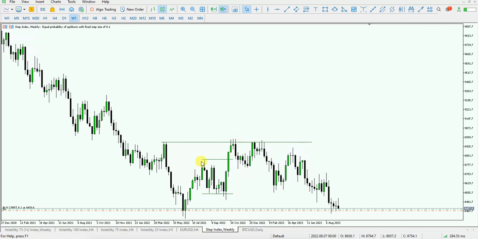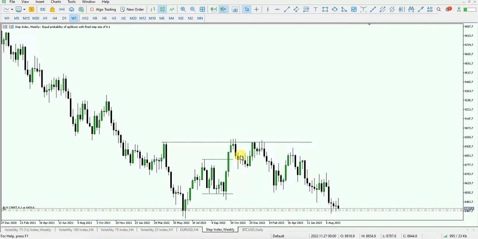Now watch this. In as much as we had this short-term low before price moved towards this direction, it formed a short-term low and a short-term high in here, and then what it did was that it raided the short-term low that it formed, and then it traded through the short-term high that it formed to form that particular high, the recent high that's here.